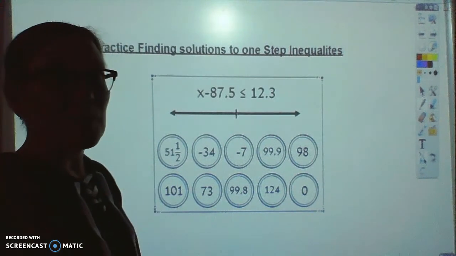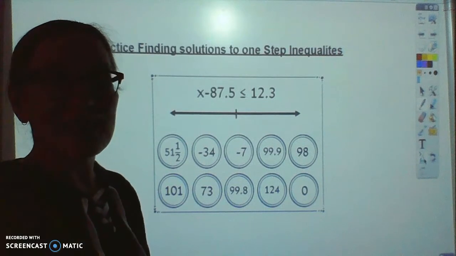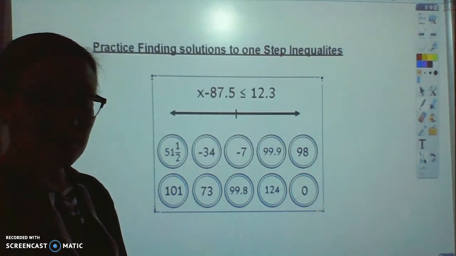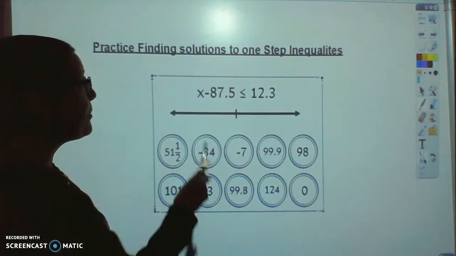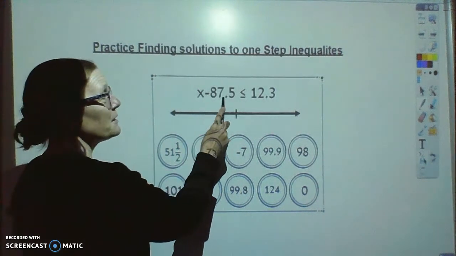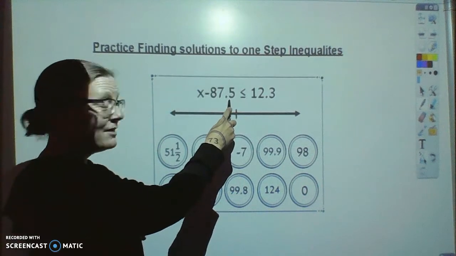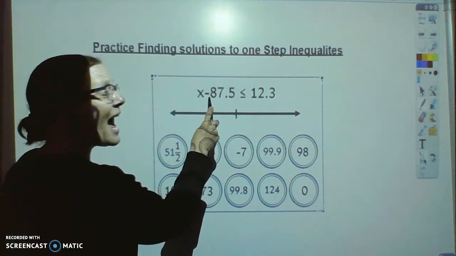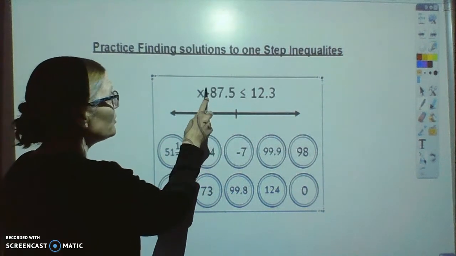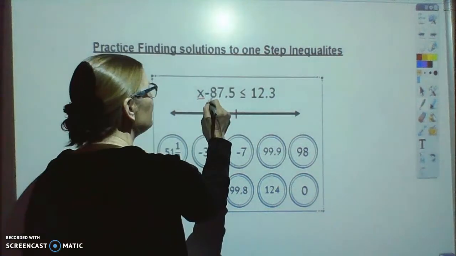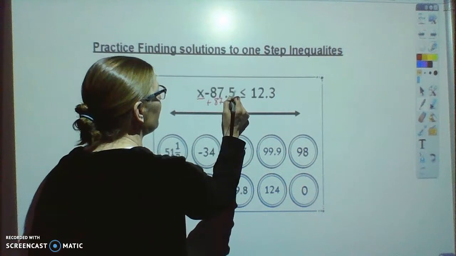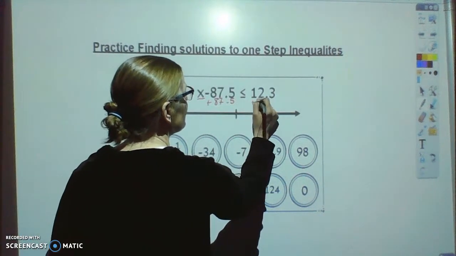What we need to do is it's going to look the exact same as when we solve one-step equations. So when I see that the operation here is going to be subtracting, I do the inverse. I am going to have to add to both sides. So to get x all by itself, to isolate the variable, I have to add 87.5 to both sides.